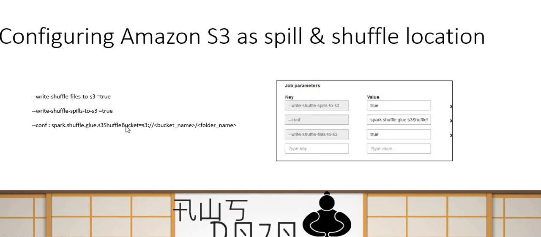So you simply provide the location of your shuffle bucket, and voila, that's it. Your Glue job will start using S3 as the shuffle location, as a spill data location, rather than using the local disk. And you will never see this kind of error where your disk is running out due to a large amount of data transformation. So that's pretty much how it works.